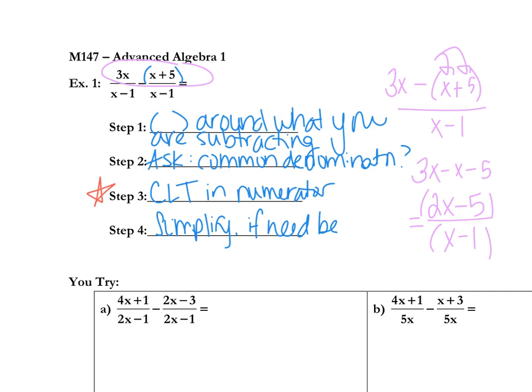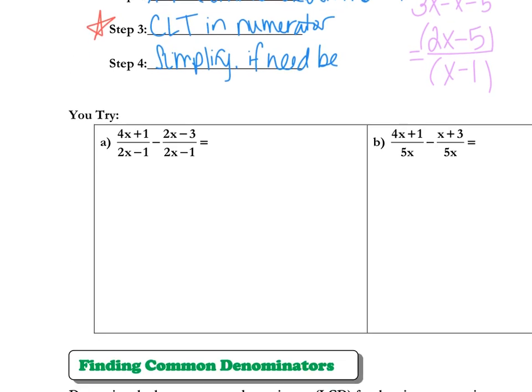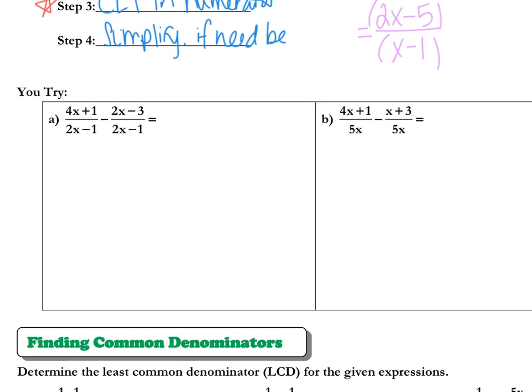Okay. All right, let's go to example A. So we have subtraction, so the first thing we're going to do is put parentheses around the numerator, so we make sure whatever we're subtracting. Then we ask ourselves, do we have a common denominator, which we do. So then we're going to go ahead and simplify the numerator.